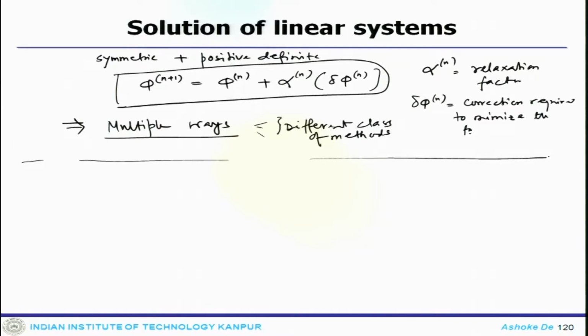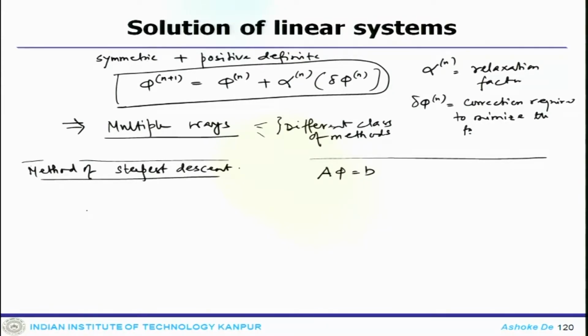One is the method of steepest descent. So, the linear system that we are looking for is A phi equals b.